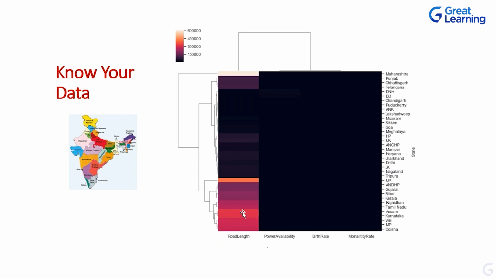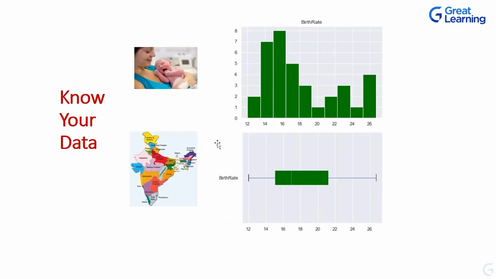This clustering is done on the basis of all the four variables. And we can see clearly there are two groups. One is here and one is here. So it is giving us a good indication, or it can be termed as a good start, where we can have the feeling that clustering is possible.